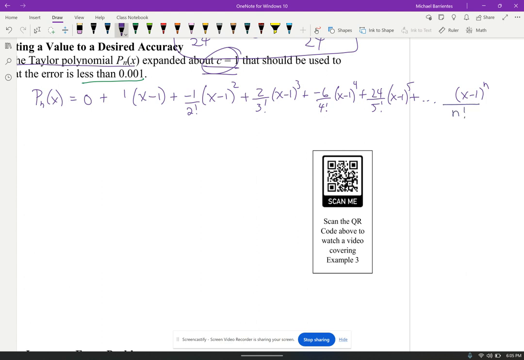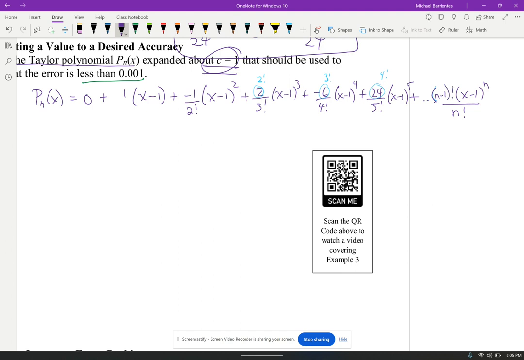But what I also notice is this numerator value. This is 4 factorial, this is 3 factorial, this is 2 factorial. So it looks like the numerator is n minus 1 factorial.